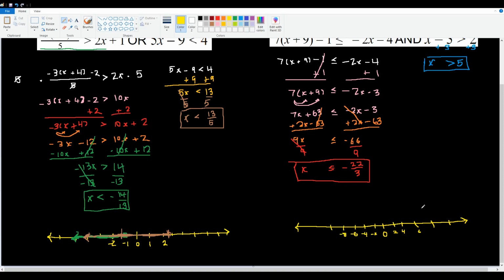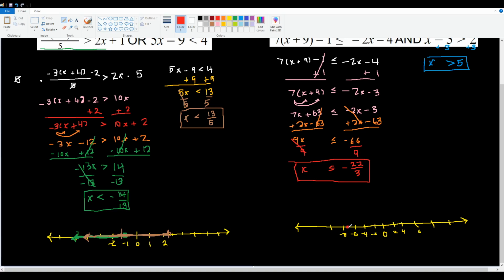Alright, now we graph each of these individually. Let's start with the left one, and we're going to graph it in red. Because it is less than or equal to, we use a closed circle to plot the point. Negative 22 over 3 is around here, I would say.